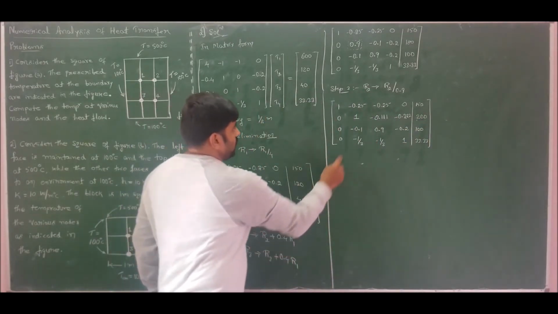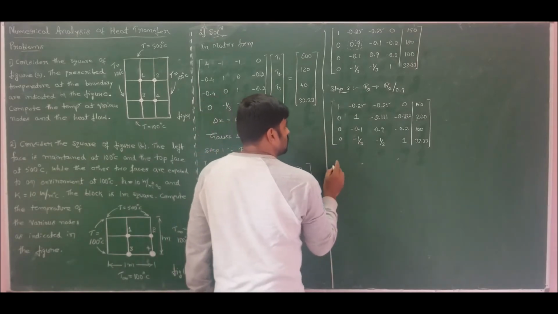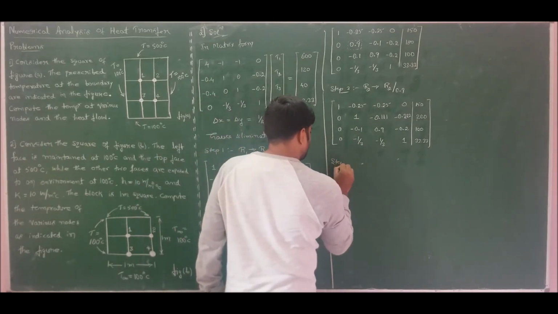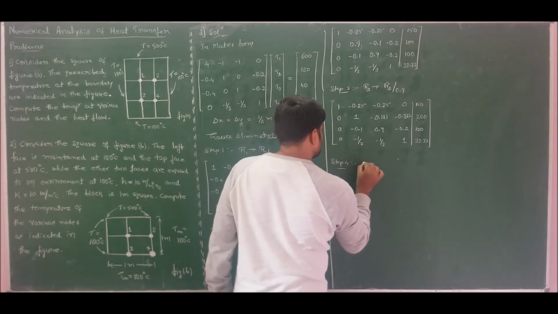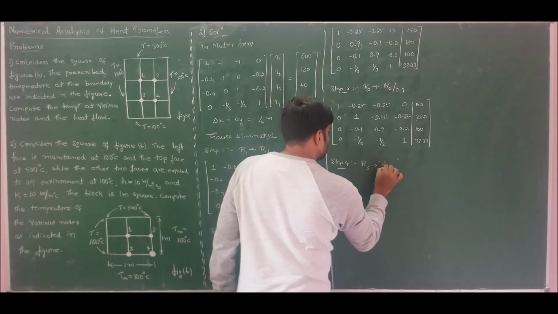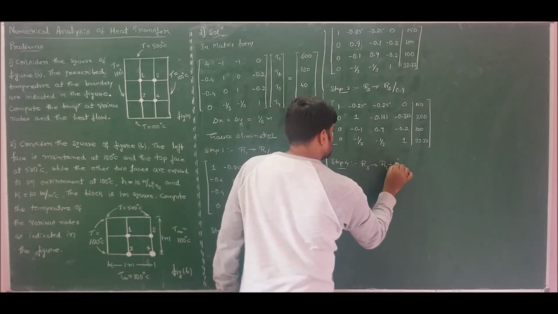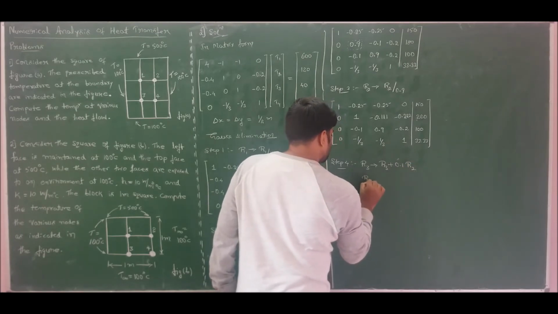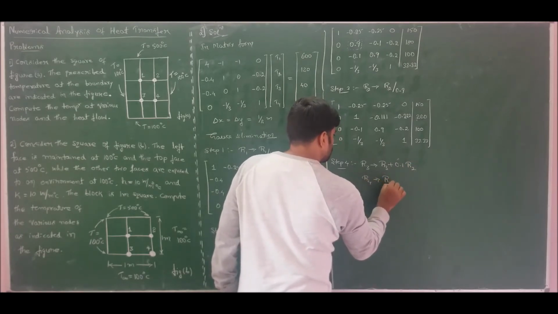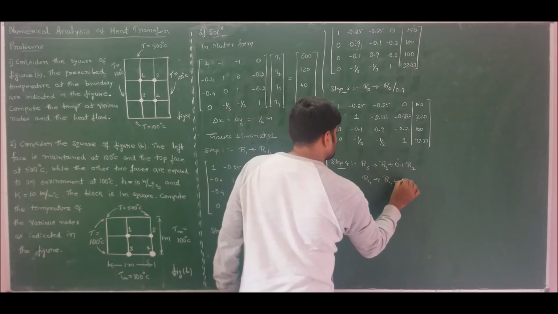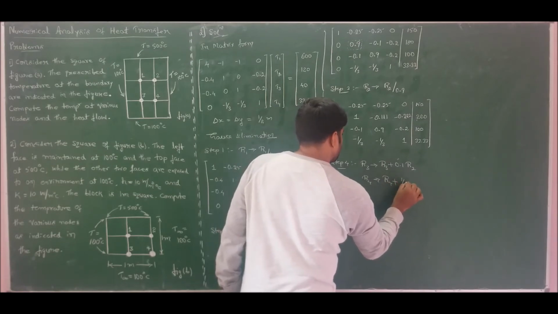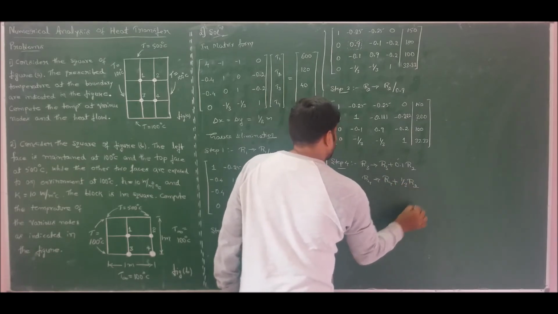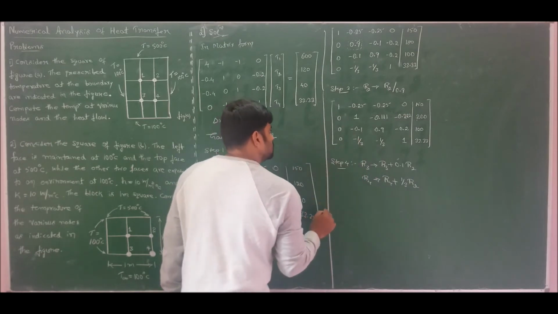Now I want to make these two terms as 0, so therefore step 4 will be R3 tends to R3 plus 0.1 R2, and R4 tends to R4 plus 1 by 3 R2. I can make these two terms 0 now.